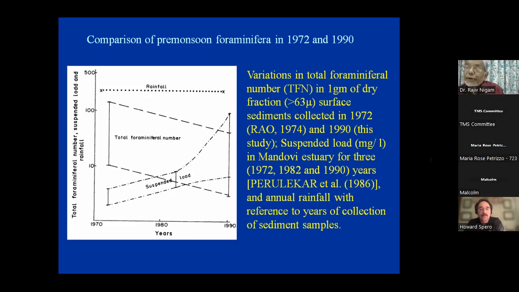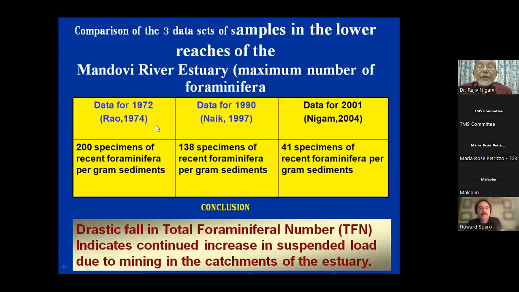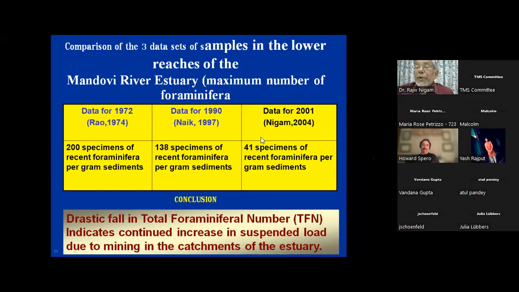And after the factory has been working for a few years, we can go and again collect the samples, see the changes, and decide whether it is harmful or not. You can see here the data: 200 specimens, then 138 specimens, and 41 specimens. So this shows that foraminifera can also be used to detect the adverse effect of mining in nearby areas.